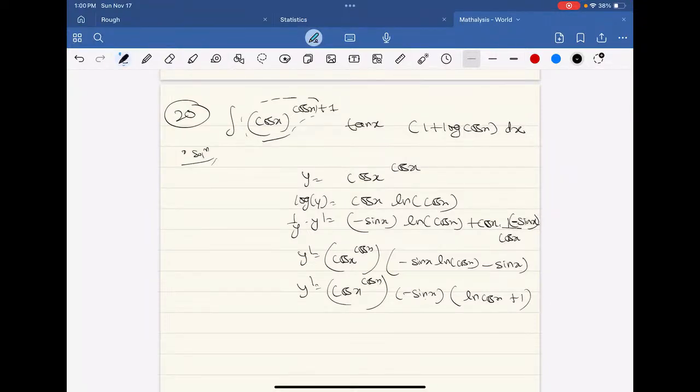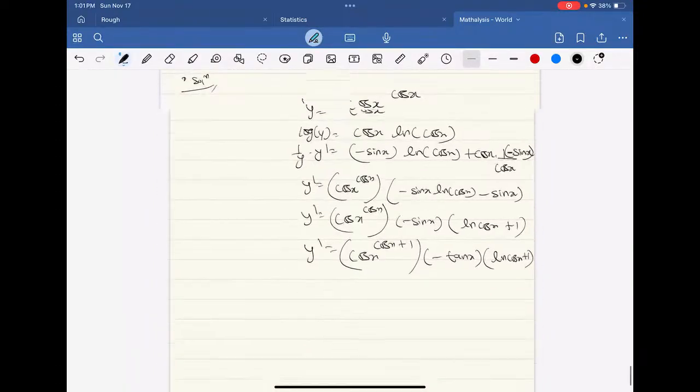Now if I want to make it tan x, I should divide by cos x, and if I divide by cos x, I should also multiply by cos x, right? So this will be cos x to the power cos x plus 1 and minus tan x, and this is log of cos x plus 1.